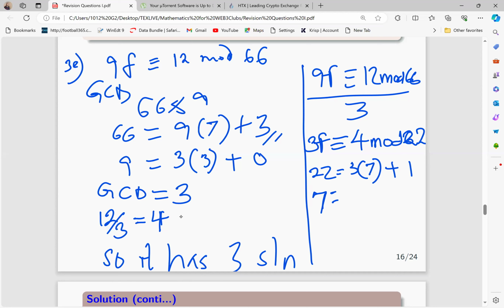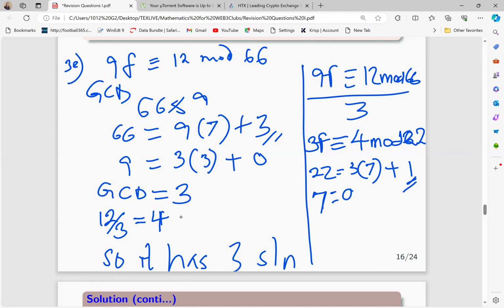From here, this step is okay. Once you have this step, you see this is the GCD because the next one will be 0. The remainder will be 0. So this becomes the GCD.